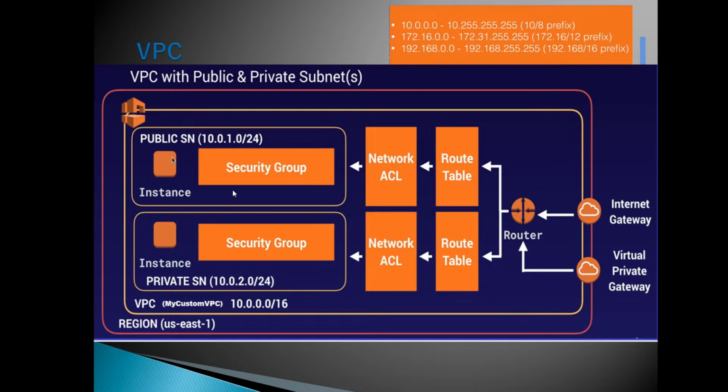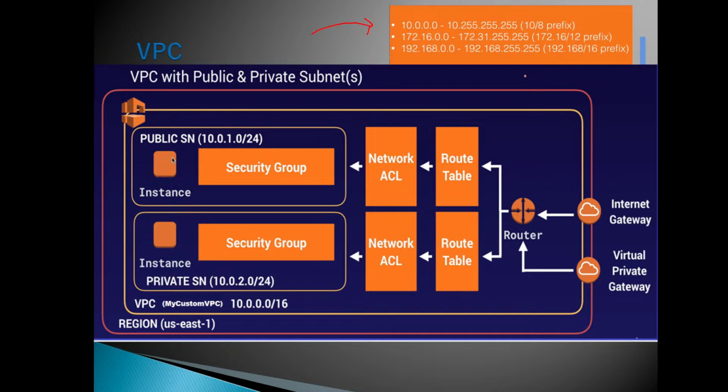So now you have to understand there are IP ranges provided by Amazon. There are a number of IPs. If we are talking about IPv4, we have seen that IPv4 has nearly 4 crore IPs.